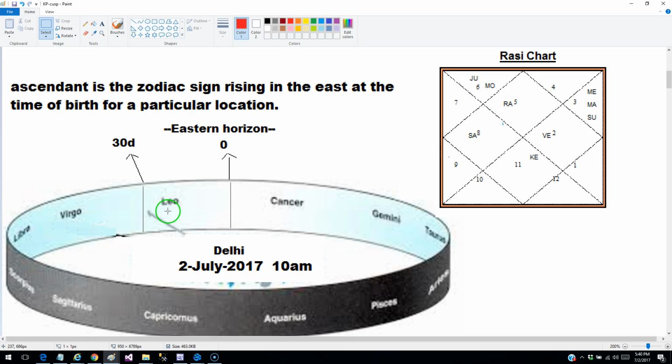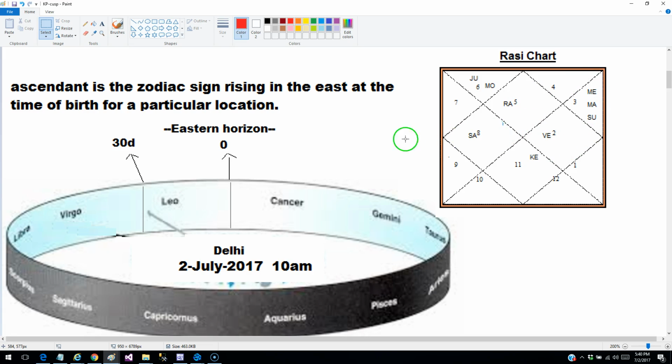And after 2 hours we will have almost the ending degrees of Leo, almost 29 degrees or so, but we still put number 5 here, which represents Leo, the ascendant. Then we put the other numbers in a counterclockwise fashion in a North Indian style chart, and then we populate the planetary positions. This is how a traditional horoscope is typically prepared.